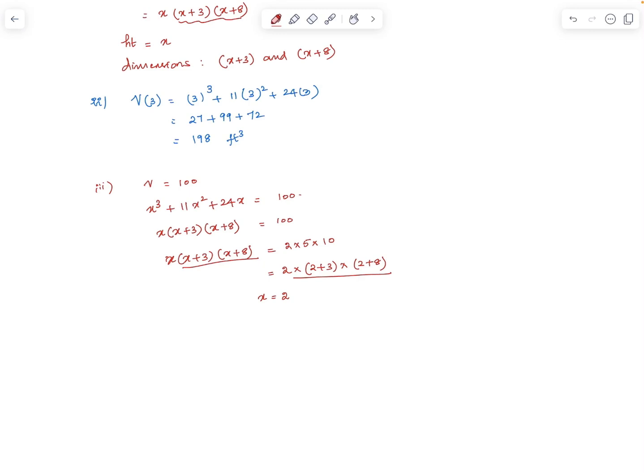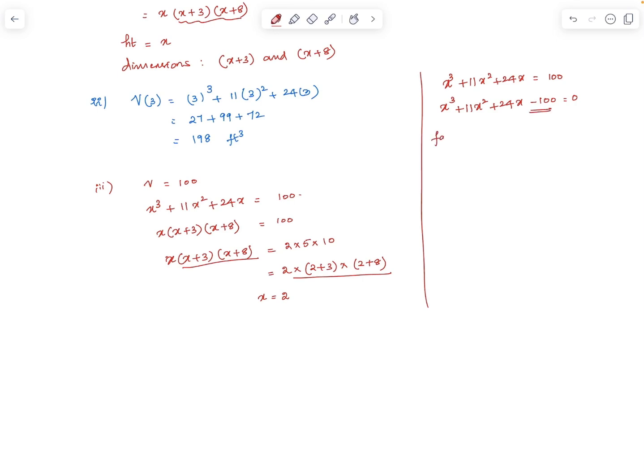Now we might get a doubt that since the degree is 3, we must have 3 solutions for x. We can try solving this question using the factor theorem way. The given expression is x cube plus 11x square plus 24x is equal to 100, that is x cube plus 11x square plus 24x minus 100 is equal to 0. The constant term is minus 100.